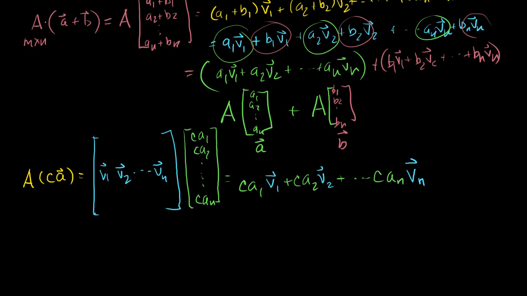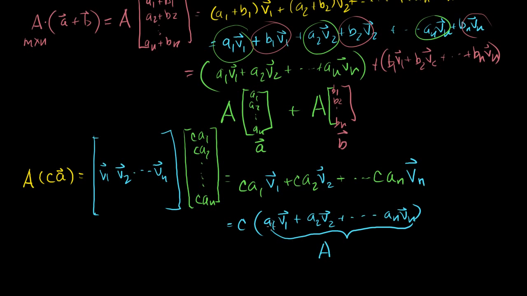And if you just factor this c out, once again, scalar multiplication times vectors exhibits the distributive property. I believe I've done a video on that, but it's very easy to prove. So this will be equal to c times a1 v1 plus a2 v2 plus all the way to an vn. And what is this thing equal to? Well, that's just our matrix uppercase A times my vector lowercase a.